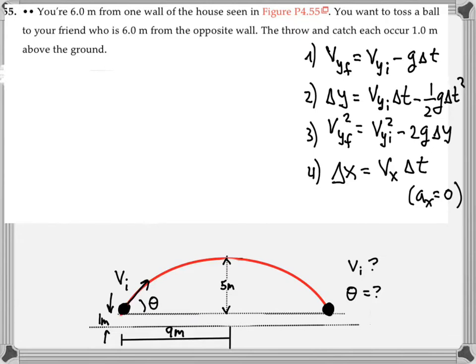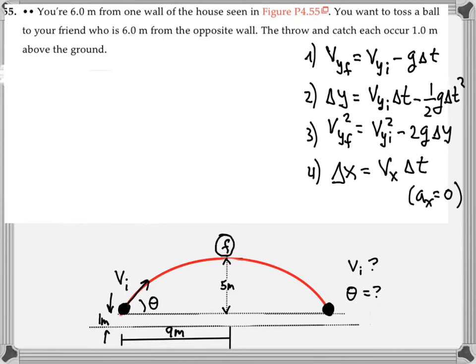And the fourth one has to do with the motion along the x direction, where hopefully you remember that a projectile does not have an acceleration. It will have a velocity, but not an acceleration. So that results in delta x equals vx times delta t. So using these 4 equations, you can solve any projectile motion problem.